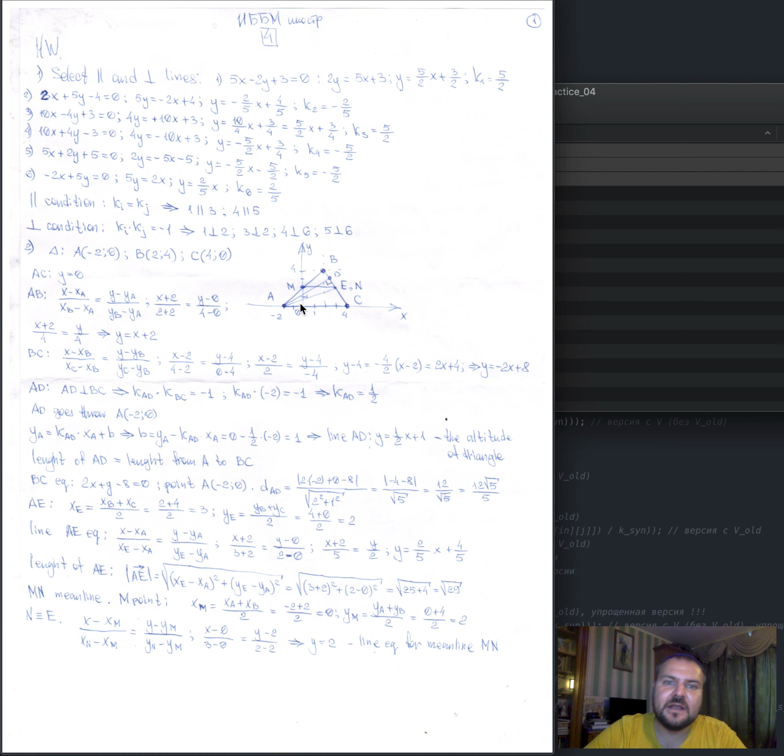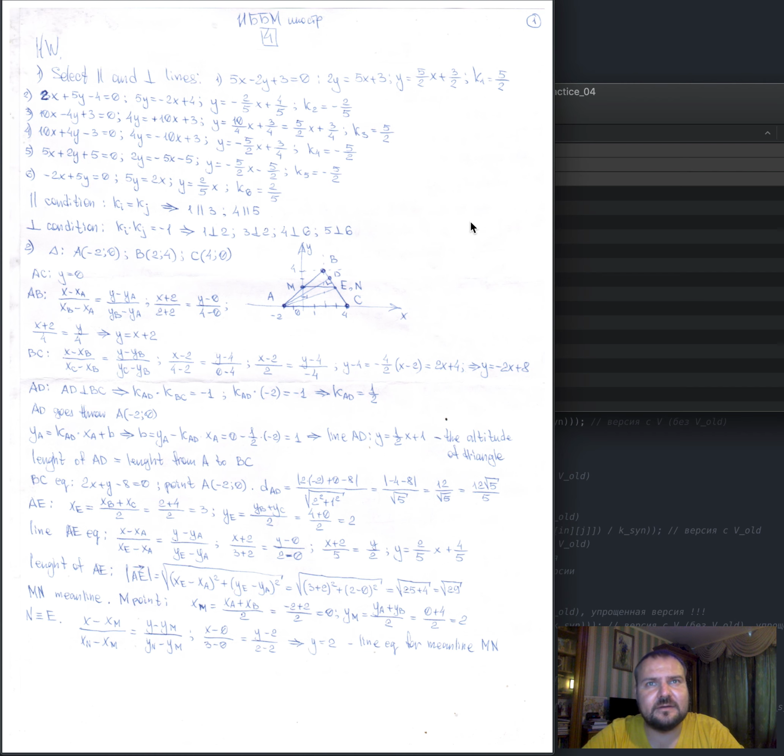And so we know point A, we know the k_AD value, and we use the line equation from one point value and the slope value. So y_A equals k_AD times x_A plus b.